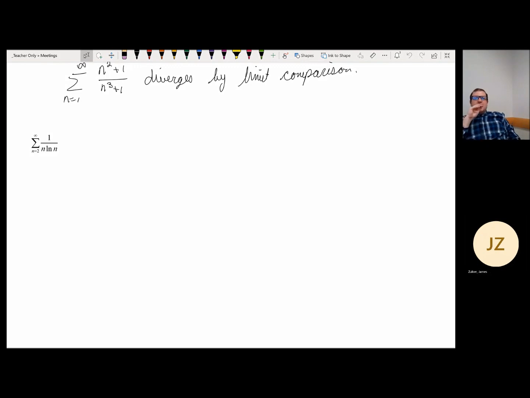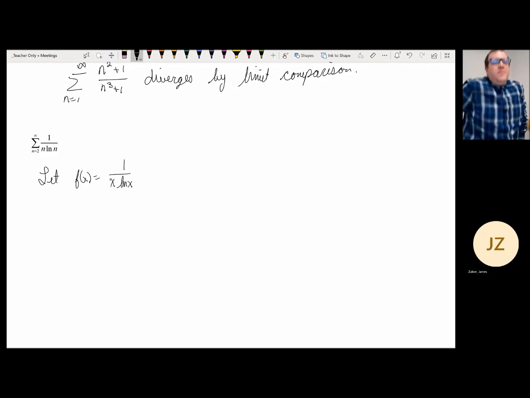Well, first we have to make sure that the conditions are satisfied. Clearly continuous.